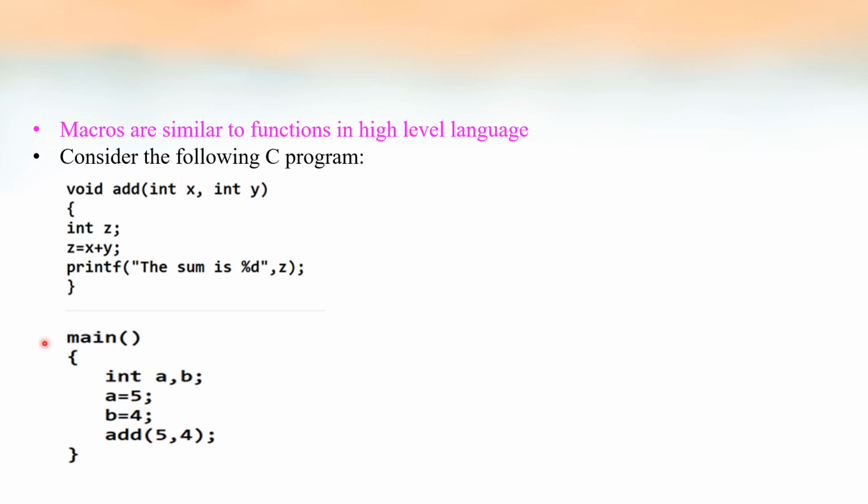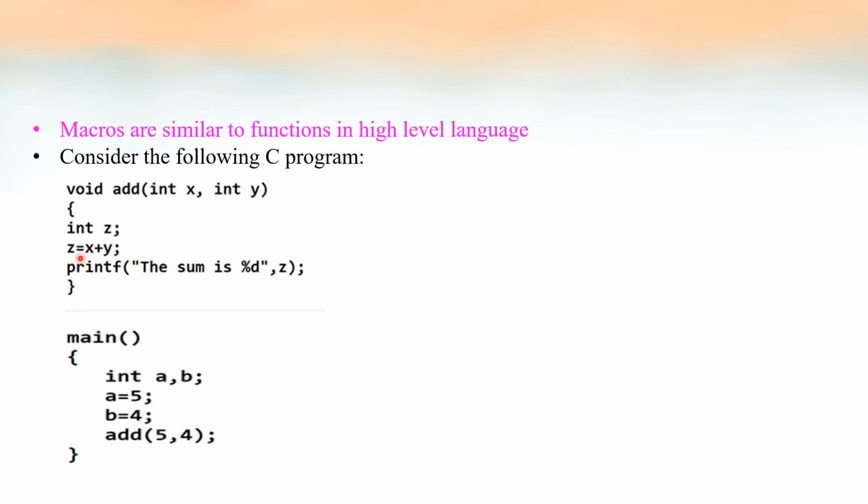For example, the execution of this program starts from main, and these lines get executed. When the function call is encountered, the program control goes to the definition of the function, and the actual arguments are substituted for the formal arguments x and y. This is based on positional notation. x is given the value 5 and y gets the value 4.